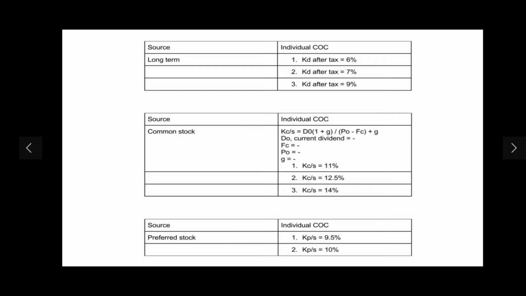The next step would be to find the individual cost. For the individual cost for long-term debt, common stock and preferred stock, we will just get it from the after-tax cost from the question. This is because there is no other additional information from the question that we will get.